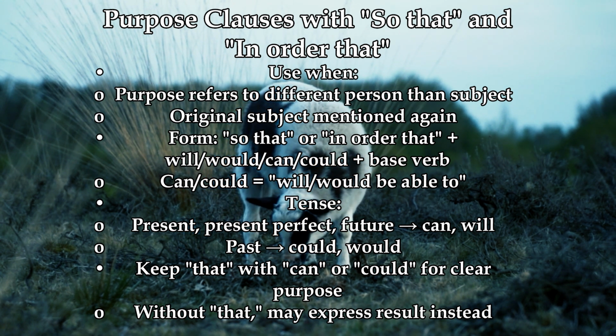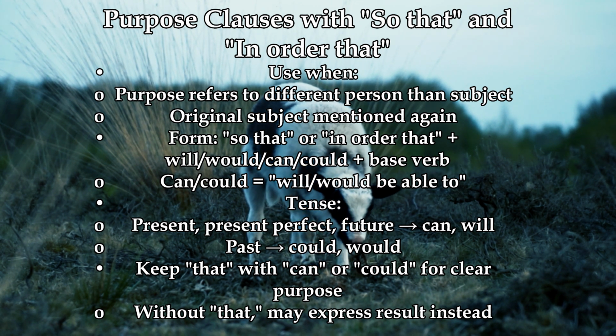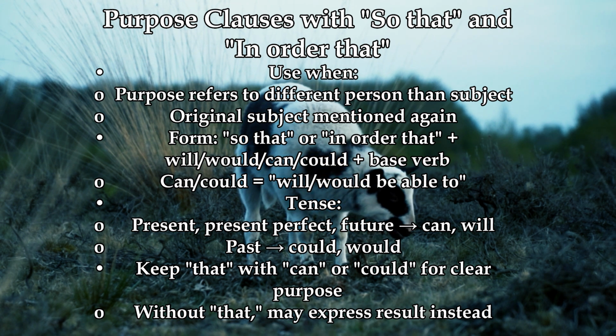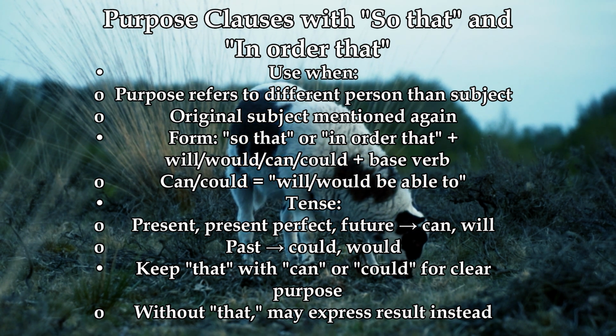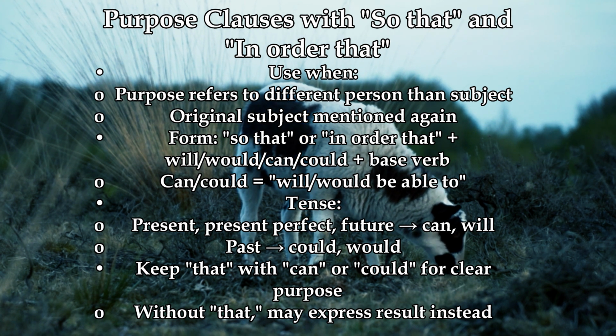The choice between will and can or would and could depends on the tense of the main verb. It's like the main verb is the boss, deciding which helper verb gets to join the purpose party. Use can and will when the main verb is in the present, present perfect, or future tense. I'm leaving a note so that he will know where I've gone.